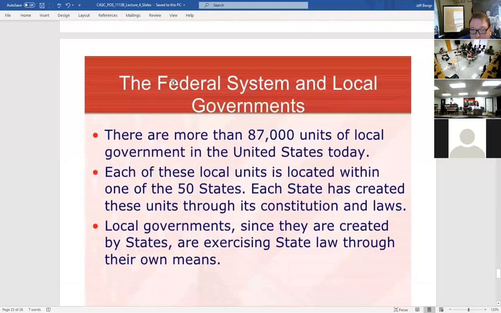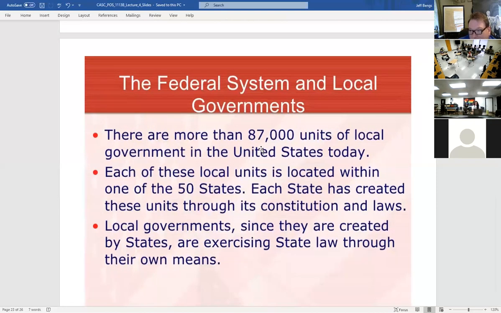We've got one federal government. We've got 50 state governments. We have more than 87,000 local governments. That's like the Arcoma City Council, the Vian City Council, and the Howe City Government.